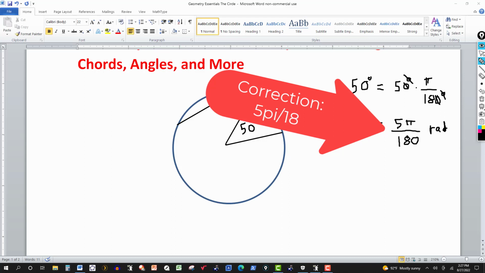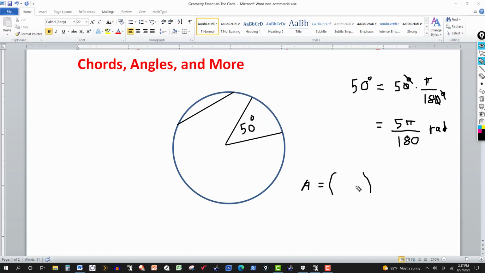So now if I want the area of this sector, A is equal to, if let's say I use the degrees, 50 over 360 times pi times the radius, which here, say, is equal to 4. So you're given the radius to be 4. You're given the central angle. So this will be 4 squared.